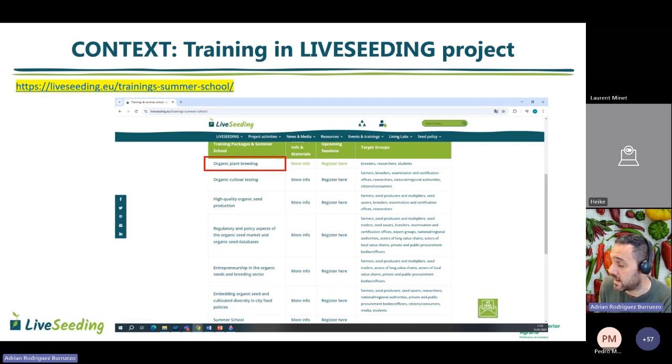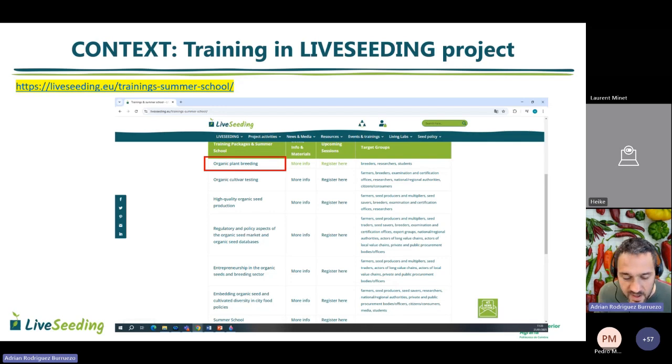We are specifically within the organic plant breeding training, the one marked in red, but there are many other opportunities treating different issues related to organic breeding and organic seeds, organic cultivar testing, high quality organic seed production, regulatory and policy aspects of organic seeds, entrepreneurship in the organic seeds and breeding sector, embedding organic seed and cultivated diversity in city food policies, and finally the summer school.